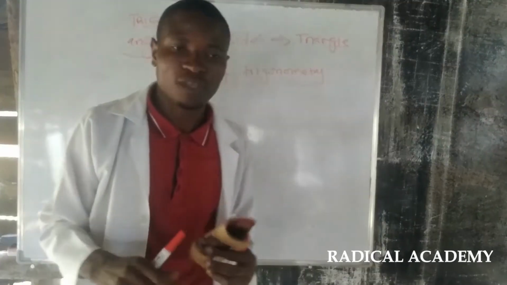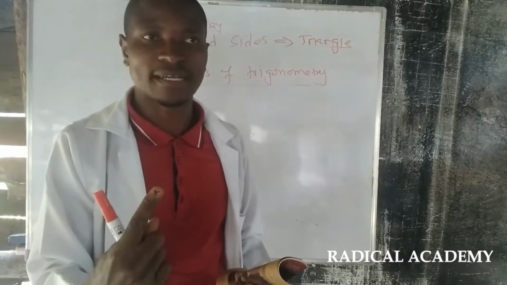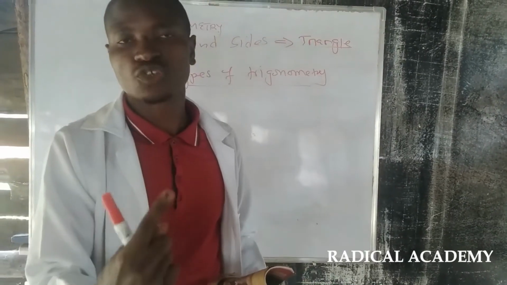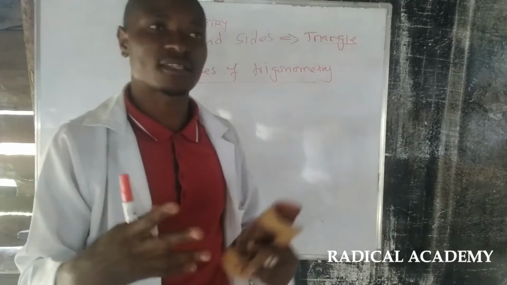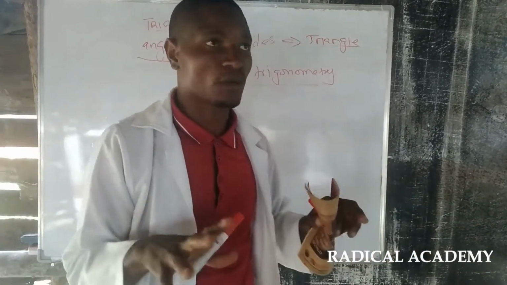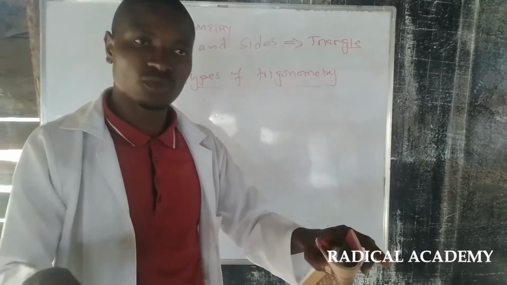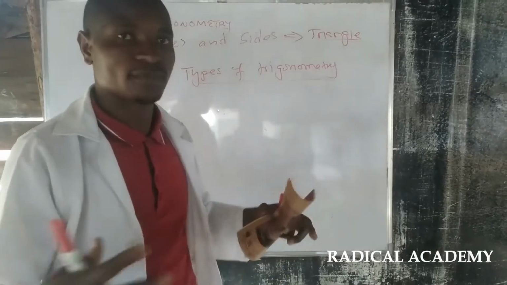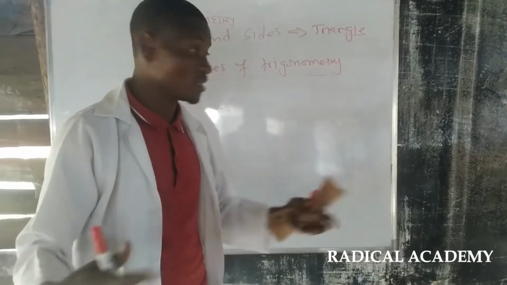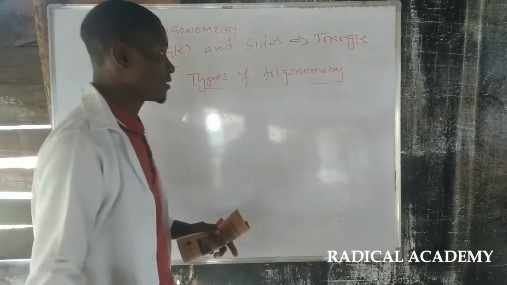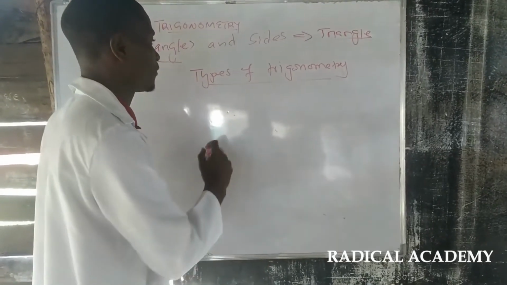This means that there is only one trigonometry that we need to understand, but the way we get to solve it is that we solve it in two types. The first type is what we'll look at today, and I believe we will be able to finish it.